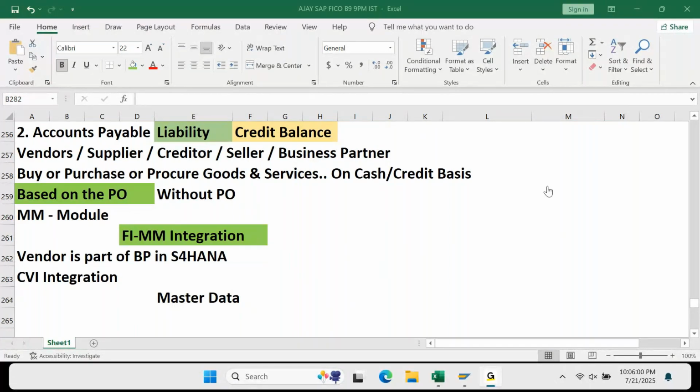Whatever you are purchasing, if it is going to the balance sheet, it is CapEx. Whatever you are purchasing, if it is going to P&L, it is OpEx. P&L is OpEx, balance sheet is CapEx.